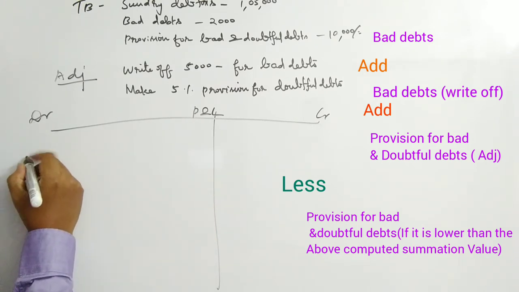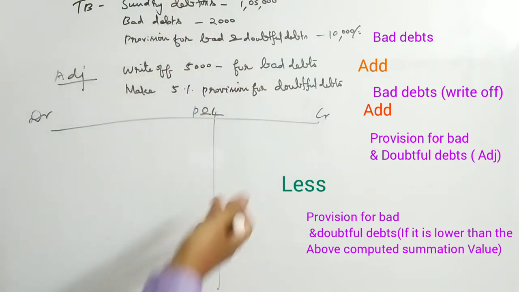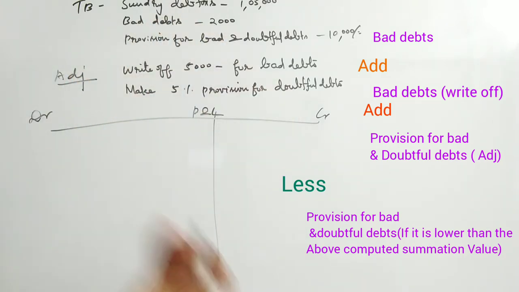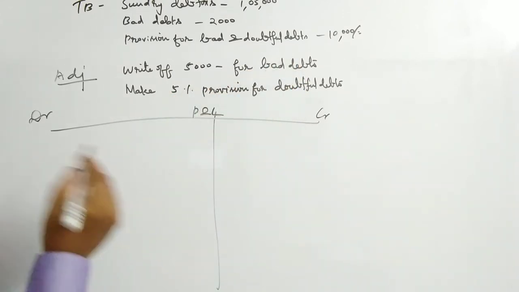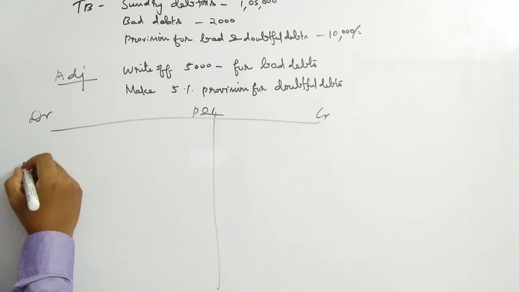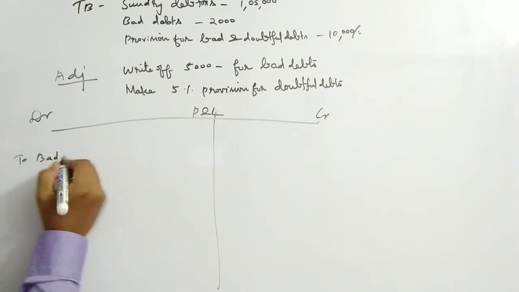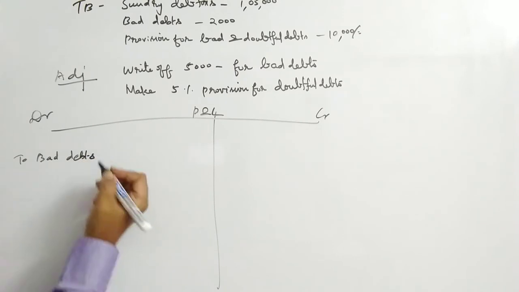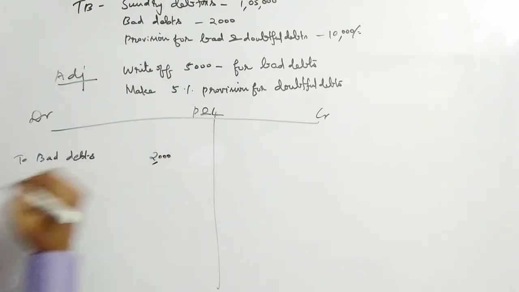Let me write on the debit side of the P&L, because these things are a business loss for us, isn't it? Bad debts and provision for bad debts and all are a business loss, so they are charged out of profit only. Obviously they should be on the debit side. So, bad debts, that is the trial balance bad debts, 2,000.